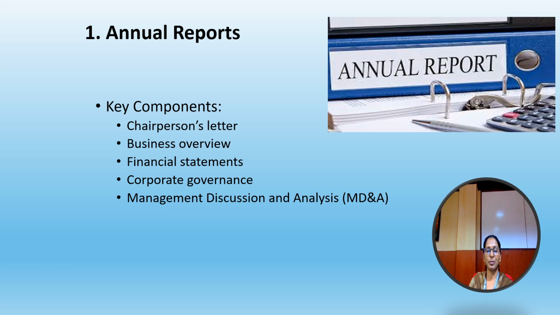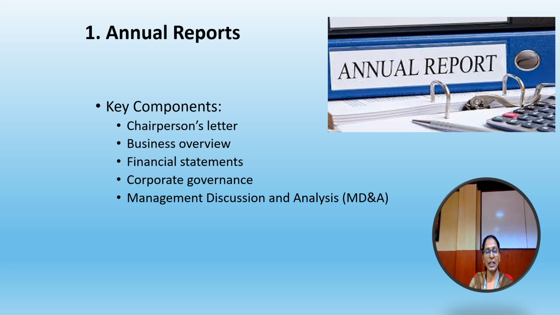So what is an annual report? As we all know, an annual report is a comprehensive document which is produced by a company each year that provides detailed accounts of its activities and also the financial performance. So these reports are meant for the shareholders, investors, and regulatory bodies, summarizing the company's operations and financial position over the past years.